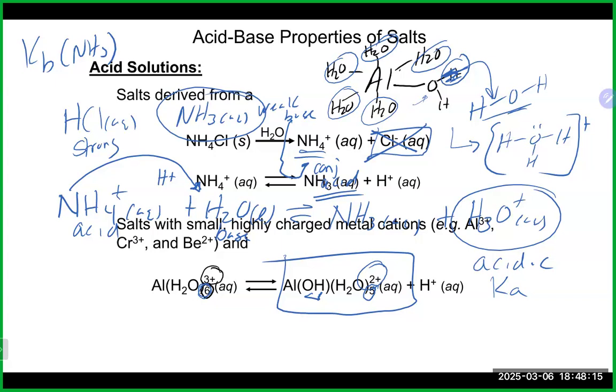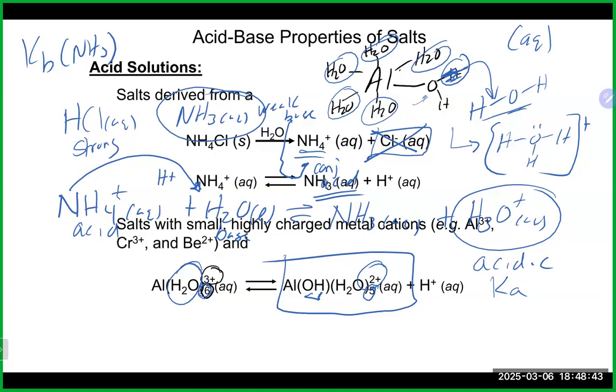+2, +3 type charges have the ability to do this because in solution, when you write aqueous next to something, that's the deal. They're basically surrounded by water. Yeah, so that's basically what the aqueous means. So they have those waters there. And as we'll talk about in a later chapter, water is a really good Lewis base, which means it can donate a pair of electrons in a situation like this.